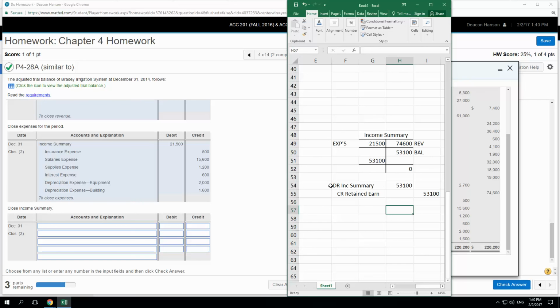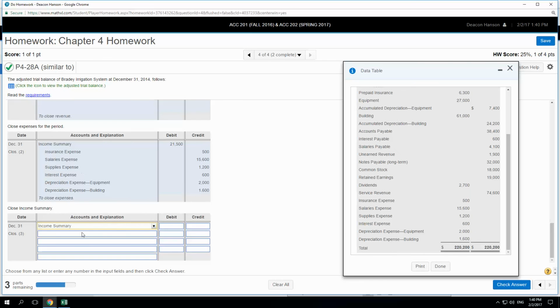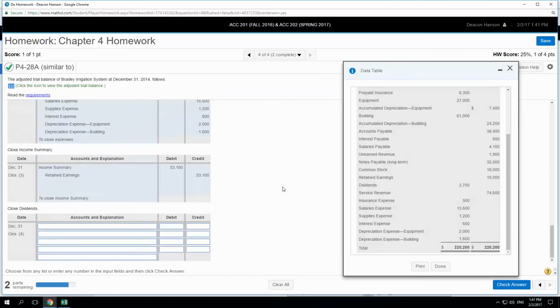You see the debit, this one here highlighted in gray, debit to income summary, and credit to retained earnings, and we said 53,100. That's to close income summary. And to be more specific, it might say to close income summary to retained earnings. But that's fine.